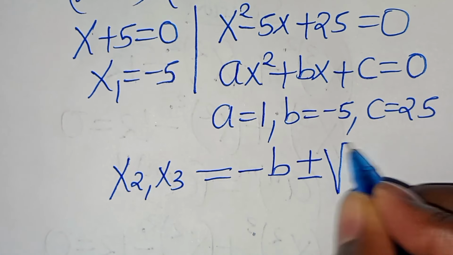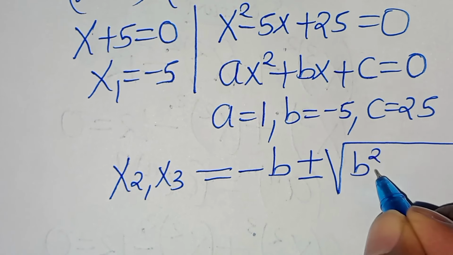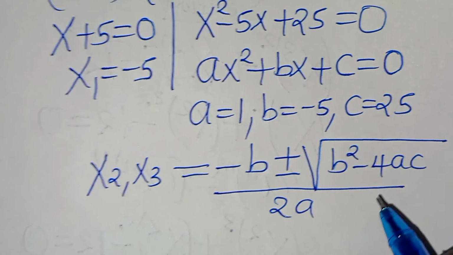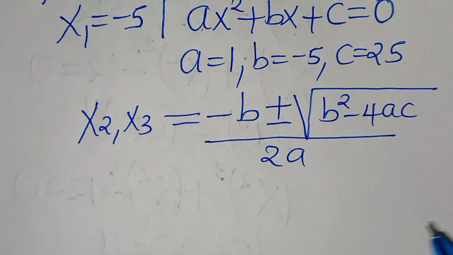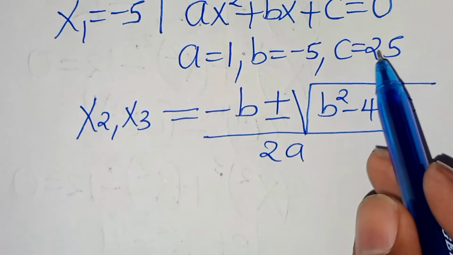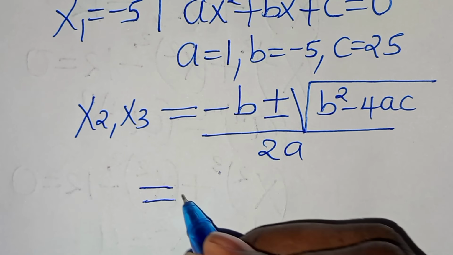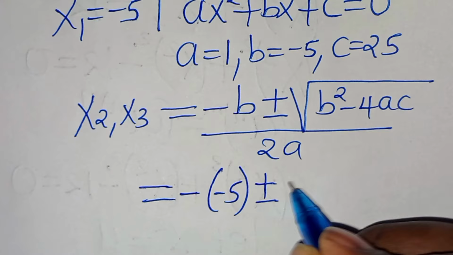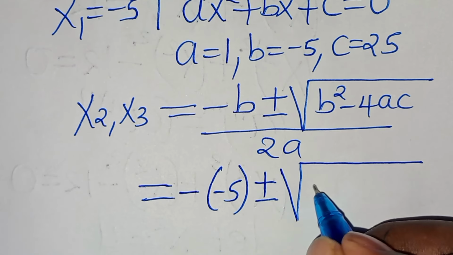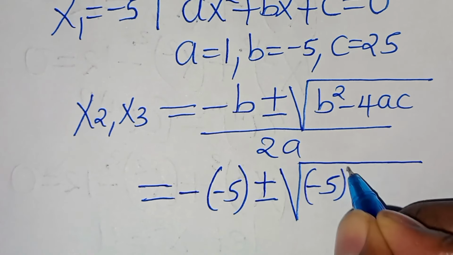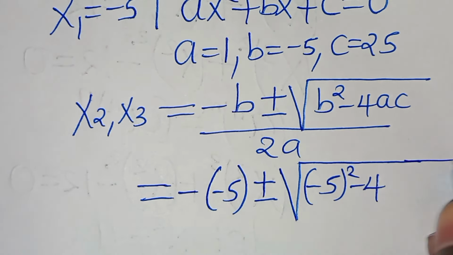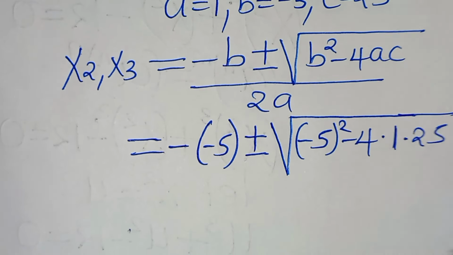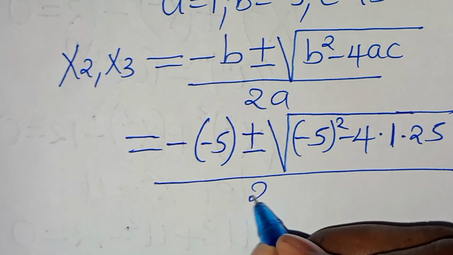So we can solve for x2, x3 by applying the quadratic formula, which is minus b plus or minus the square root of b squared minus 4ac, everything divided by 2 times a. Let's substitute the values of a, b, and c, so that now we have minus 5 plus or minus the square root of minus 5 squared subtract 4 times a, which is 1, times c, which is 25, everything divided by 2 times 1.